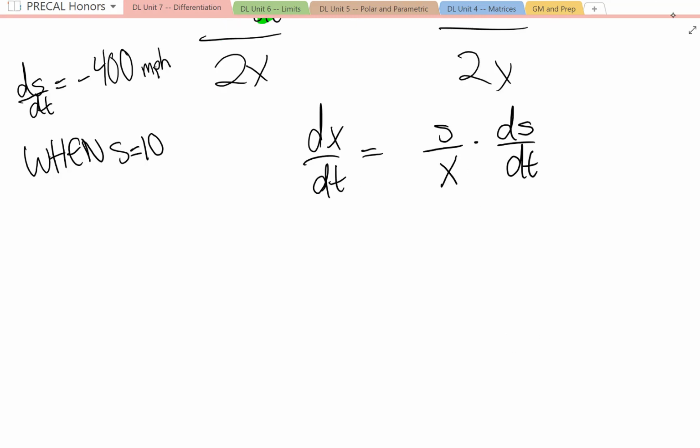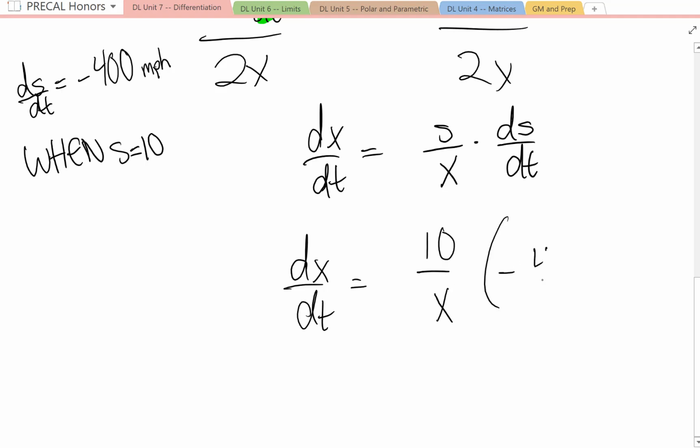So from here we have the given, which was the change of s with respect to time, is negative 400 miles per hour. And remember, this is because it's a velocity, so you can have a negative in it. Speed would always be positive. When s is equal to 10, we plug that in. dx/dt is equal to 10 over x times negative 400.